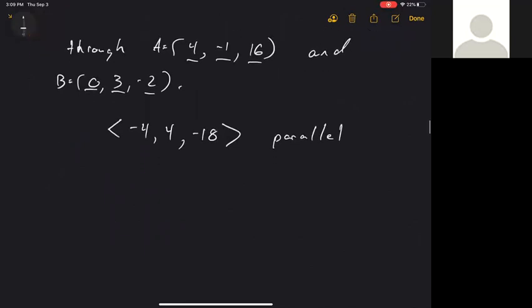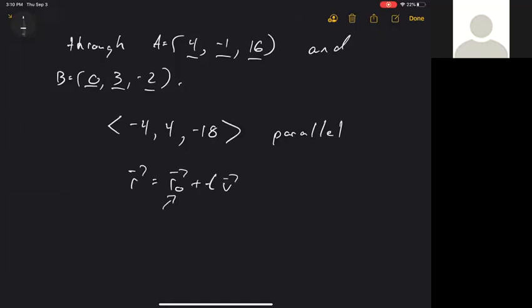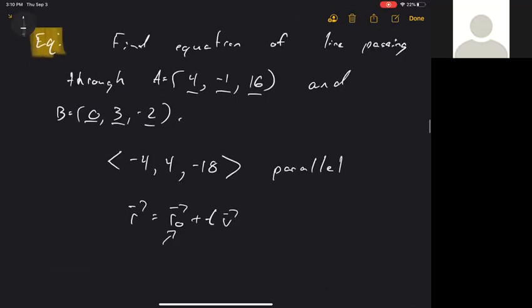Now, how do I write my line? I know r equals r0 plus t times v, where v is parallel. So what should I use as my r sub 0? Well, I could use either one of these, just the vector, not the point. So let's use b.